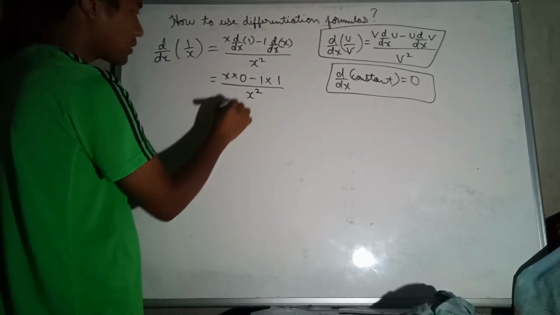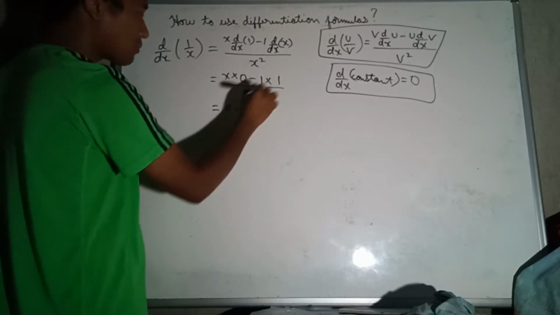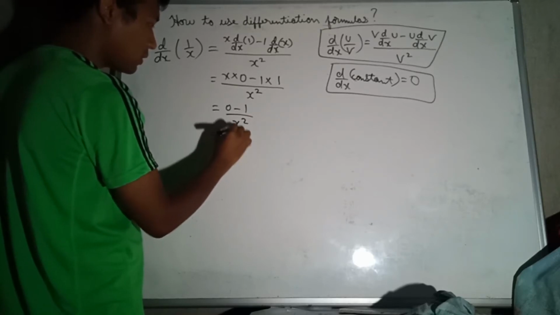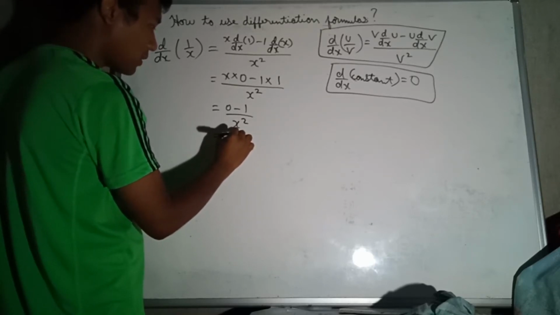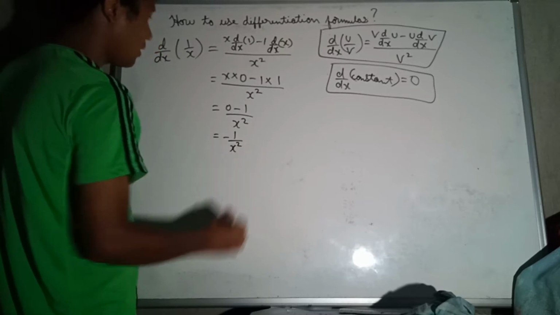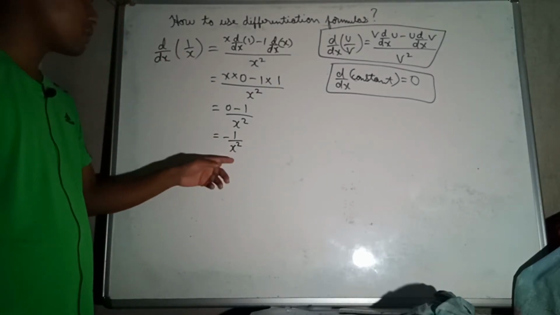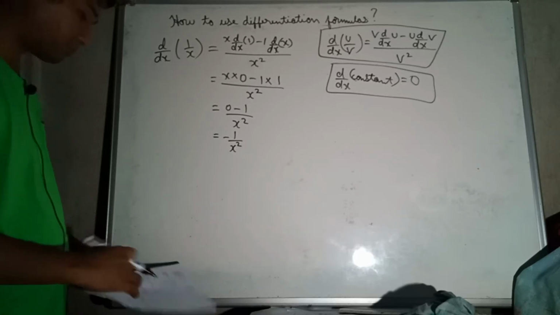So this is equal to x into d/dx of 1. Now 1 is a constant, and d/dx of a constant is equal to 0. So d/dx of 1 is 0, minus 1 into d/dx of x, which is 1, divided by x squared. So this is x into 0, which is 0, minus 1 into 1, over x squared. So this is 0 minus 1, that is minus 1 by x squared. Hence d/dx of 1 by x is minus 1 by x squared.